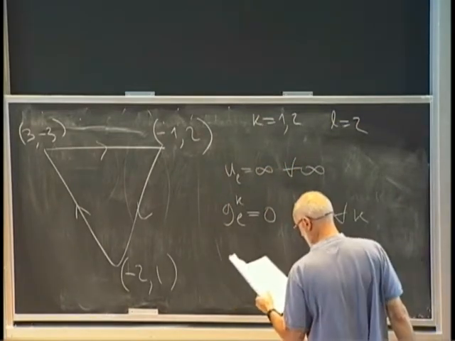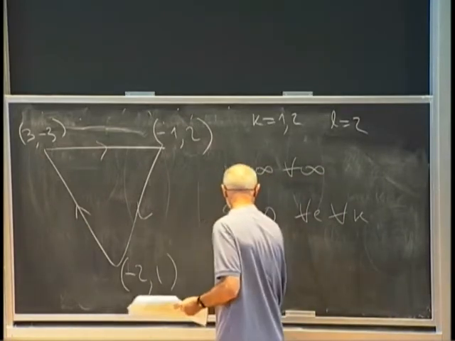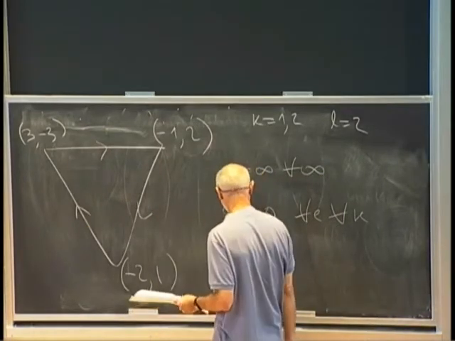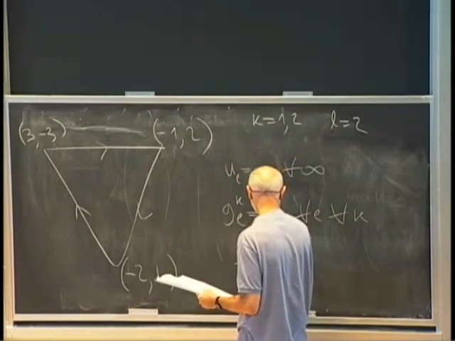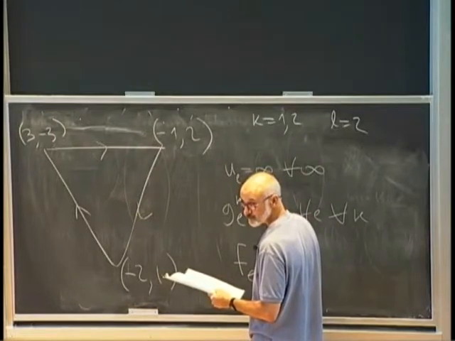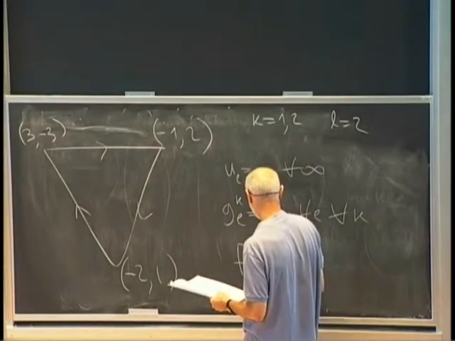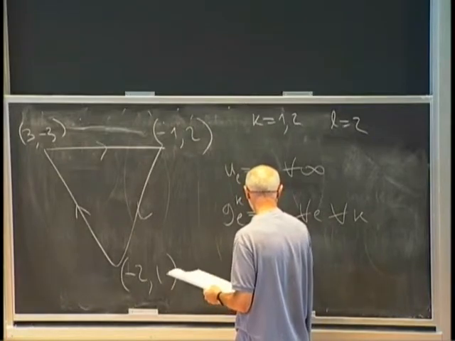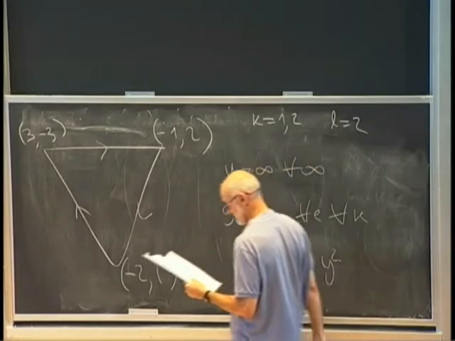Now I have to tell you what the objective function f is. So f_e for every edge, how many arguments does it have? One. So f_e(y) equals y squared.